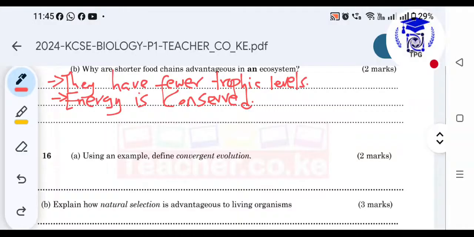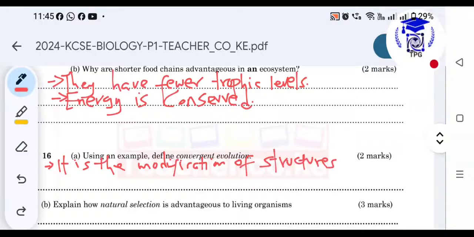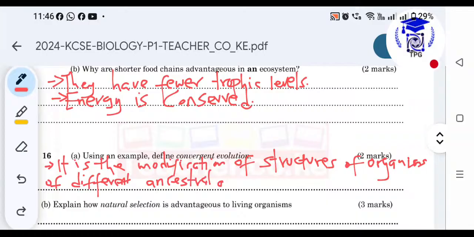So convergent evolution is the modification of structures of organisms of different ancestral origin to perform similar functions.